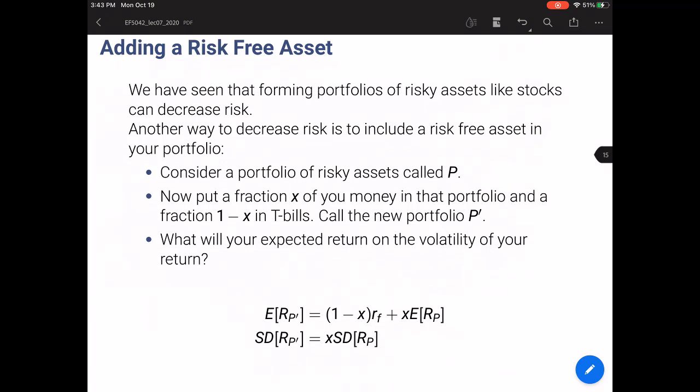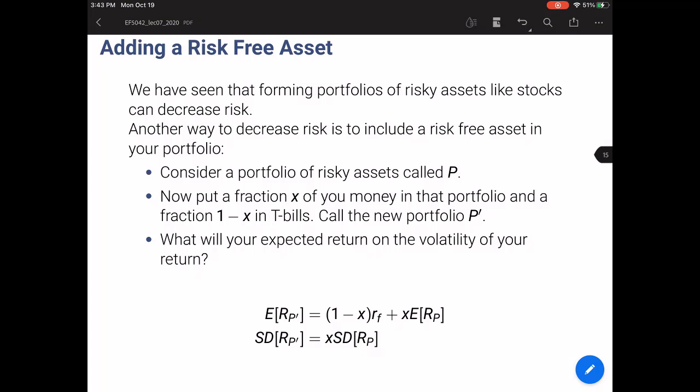All right, so as you already know, based on the math of last week, we have diversification purely from adding assets into our portfolio.